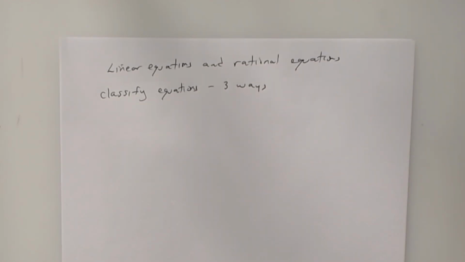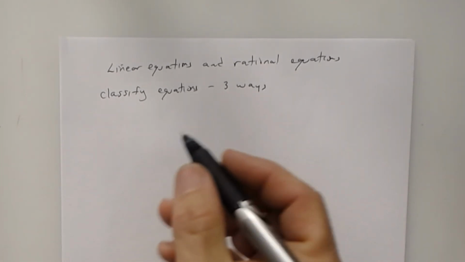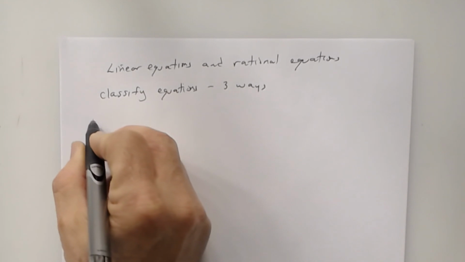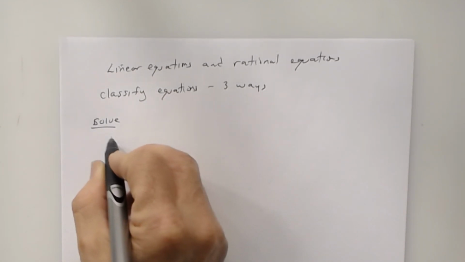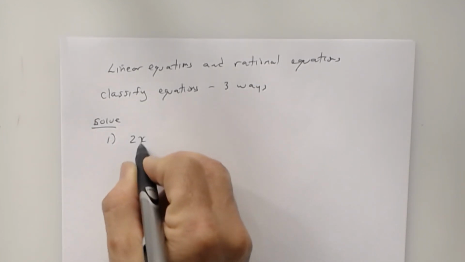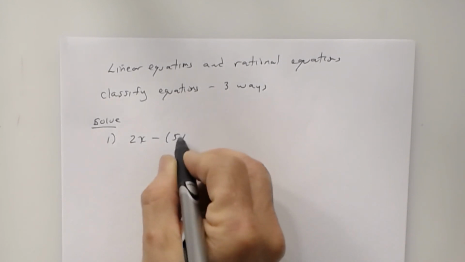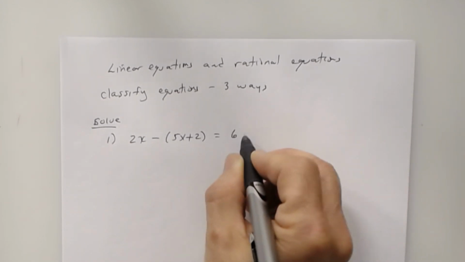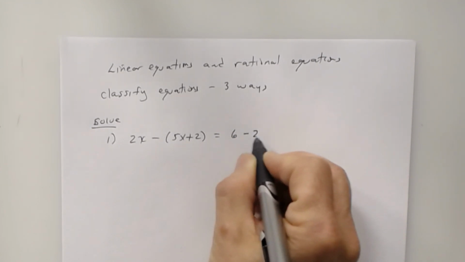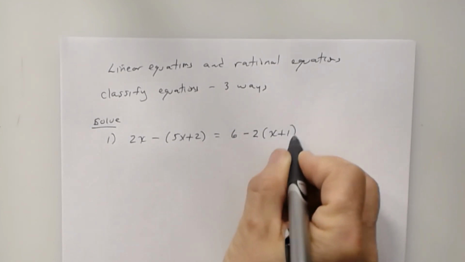All right, so let's look at this example. So if I ask you to solve this equation, let's say we had 2x minus 5x plus 2 equal 6 minus 2 times x plus 1.